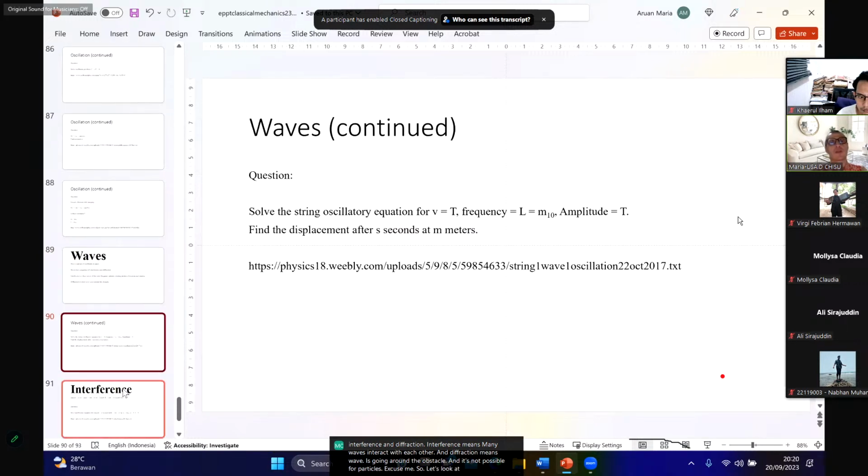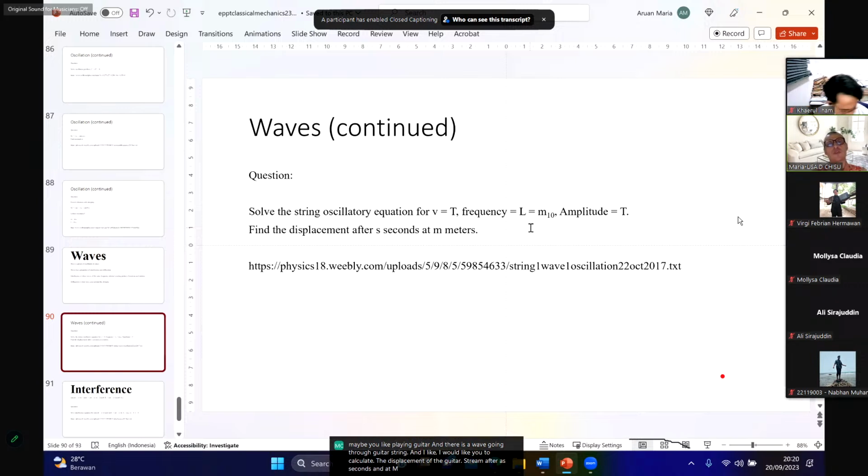So let's look at another one. I ask you to solve the problem of guitar string oscillation. Maybe you like playing guitar, and there is a wave going through the guitar string, and I would like you to calculate the displacement of the guitar string after s seconds and at m meters.